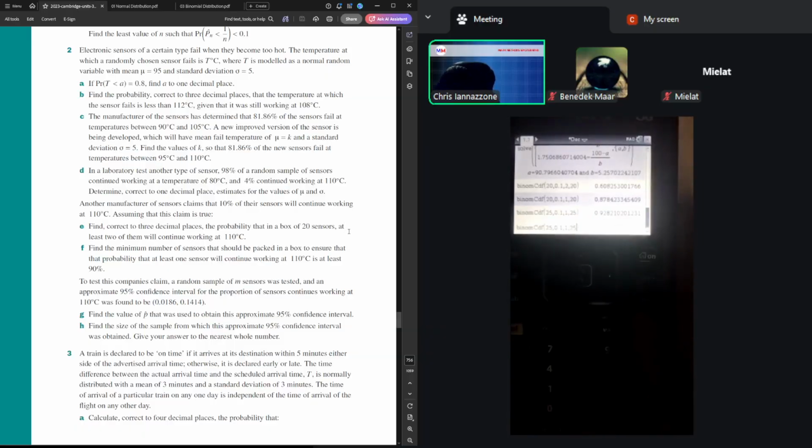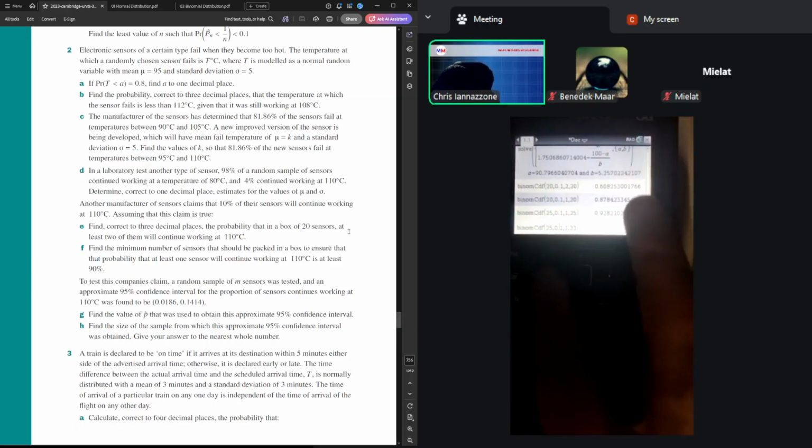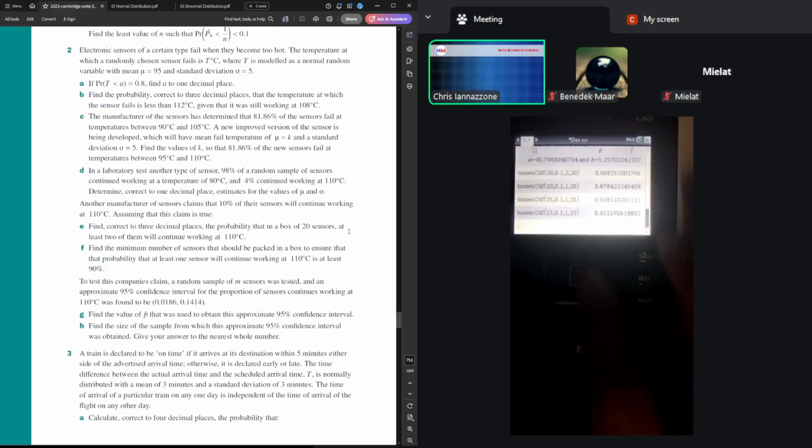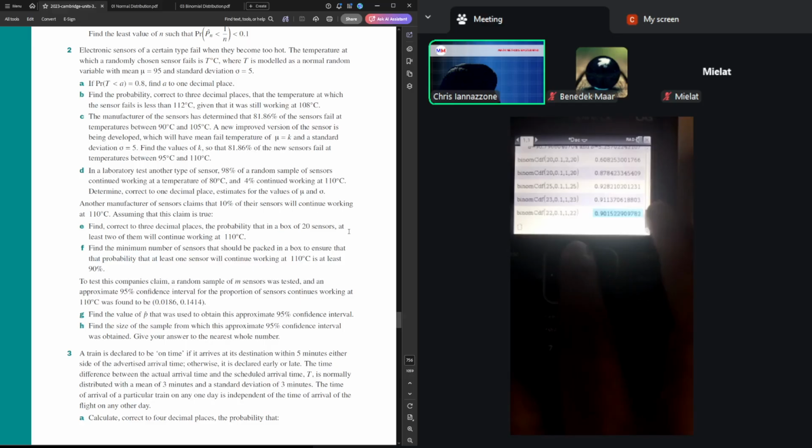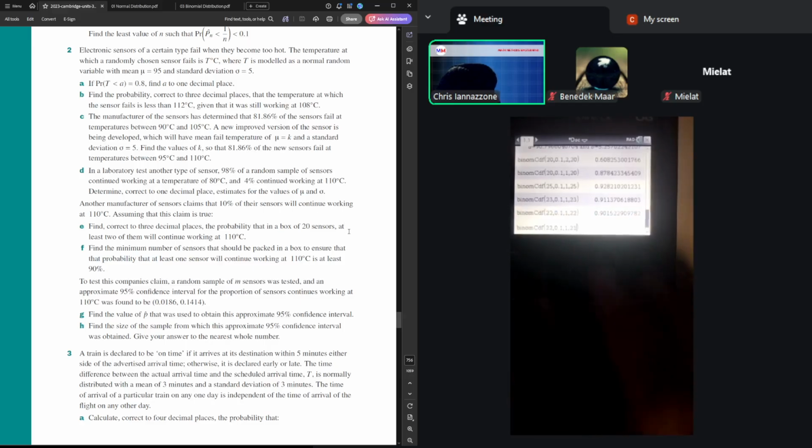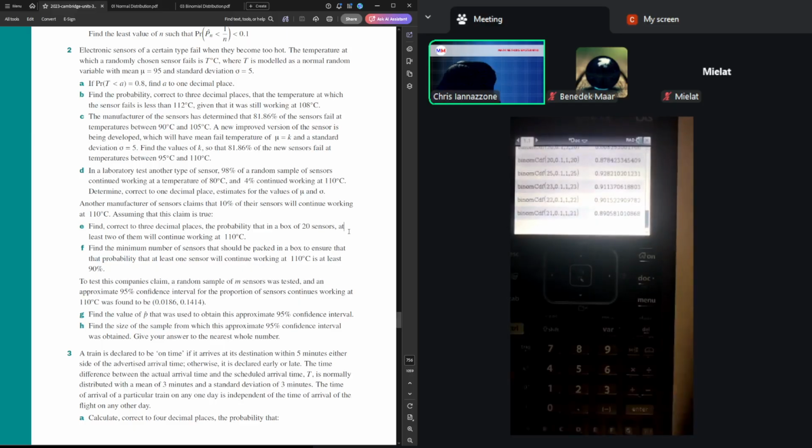We should now decrease it a little bit, and we are going to fine tune our guess and check until we get the breakpoint. That is very likely the breakpoint, but just to be safe, let's try n equals 21 as well. Cool, so 21 did not reach it, 22 is the first time that it hits 90%. The answer is going to be n is 22.